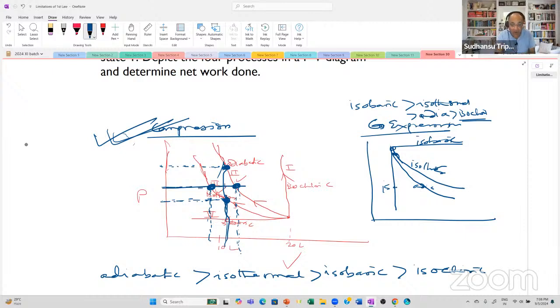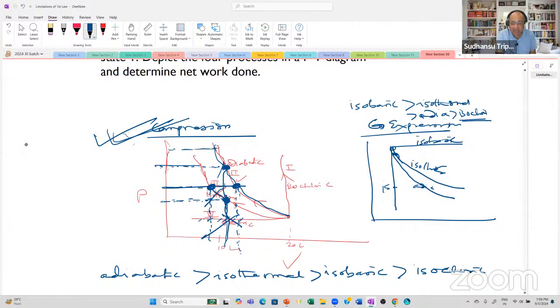So, and now come to this point. When you are compressing under external pressure, supposing the final pressure is this. So this is not the isobaric. I mean, this is the work done during irreversible. This is adiabatic compression, and we are coming to the final pressure.